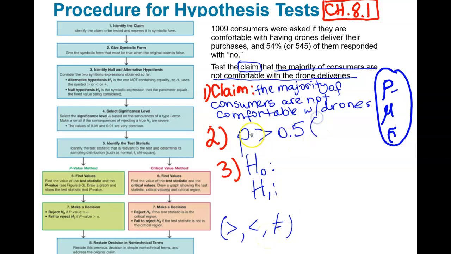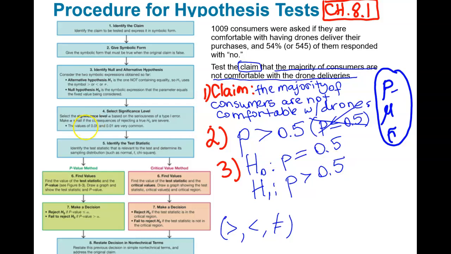So the opposite of the claim, going back to step 2, the opposite of the claim P greater than 0.5 would be P is less than or equal to 0.5. Therefore, out of these two, our null hypothesis would take the part with the equal sign. P is equal to 0.5. Don't worry about the other sign. The alternative hypothesis, since we already used this part, will be our original claim, P is greater than 0.5.